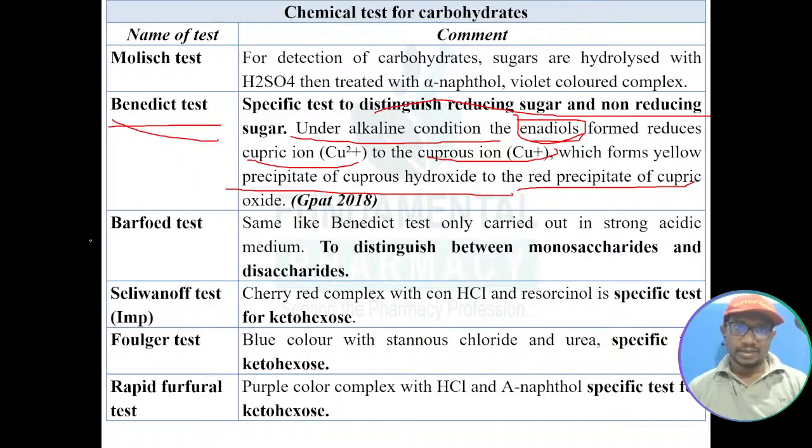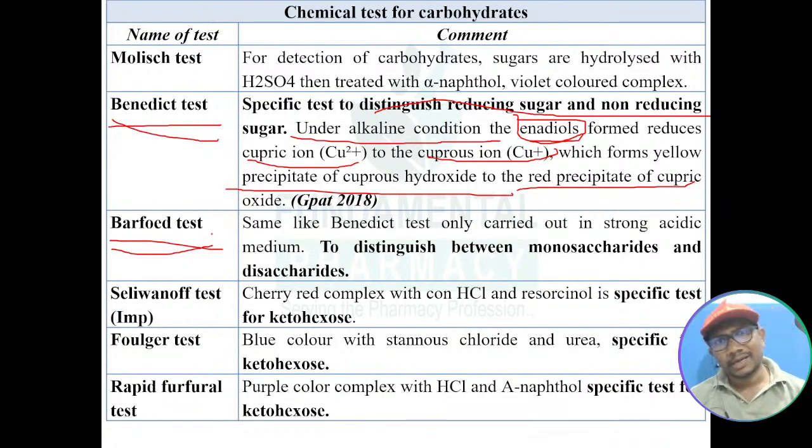Again, another test to distinguish between reducing sugar and non-reducing sugar is the Barfoed test. This is the second test to distinguish between reducing and non-reducing sugar. This test is the same as the Benedict test, only it is carried out in an acidic medium.